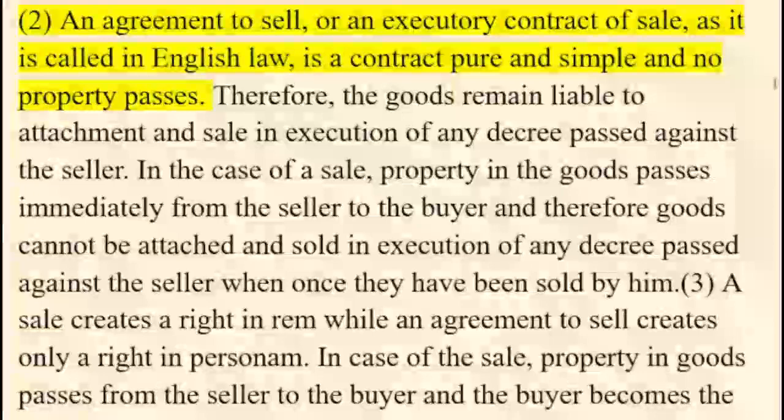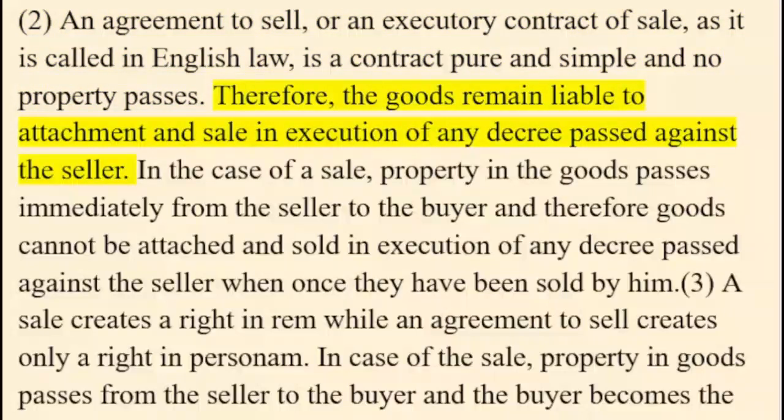2. An agreement to sell, or an executory contract of sale, as it is called in English law, is a contract pure and simple and no property passes. Therefore, the goods remain liable to attachment and sale in execution of any decree passed against the seller.